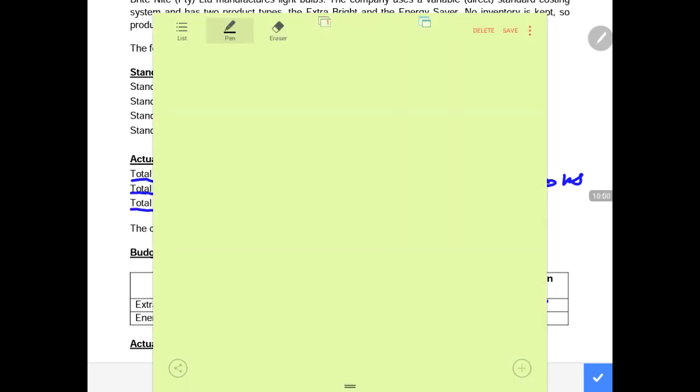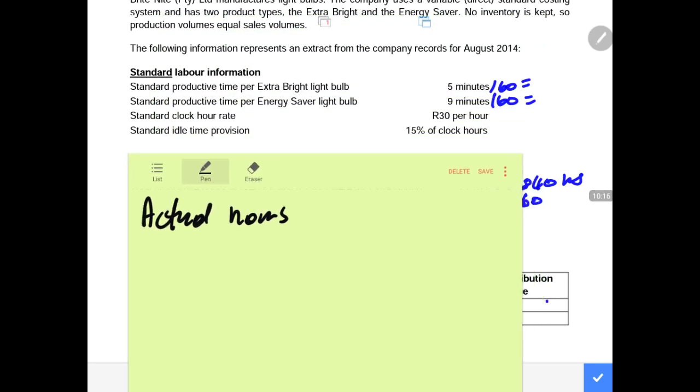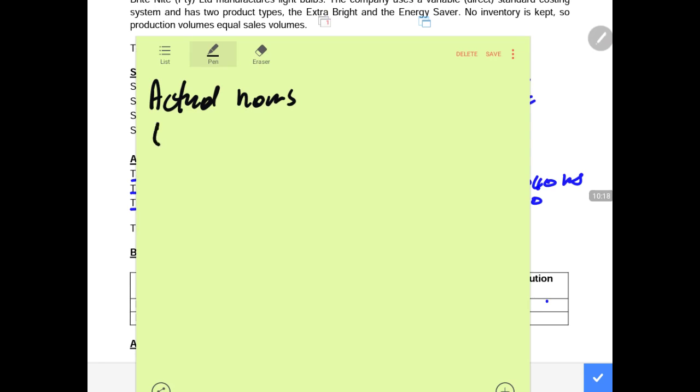Now we need to structure our hours in a good manner, so we calculate actual hours for both of the bulbs. We have the two products.